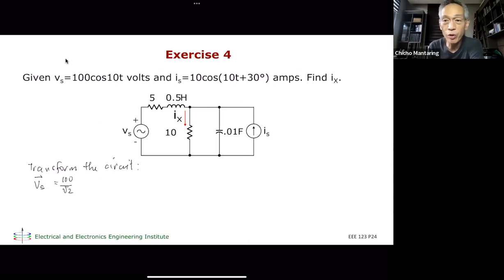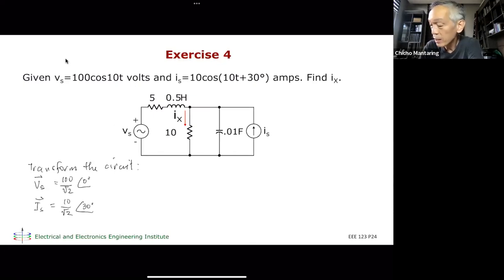So note, we're going to use the modified phasor transformation. Lalagyan natin ng square root of 2 sa baba. Okay, at an angle, ang phase angle ng voltage natin is 0 degrees. Then I of S is 10 over the square root of 2 at an angle 30 degrees.